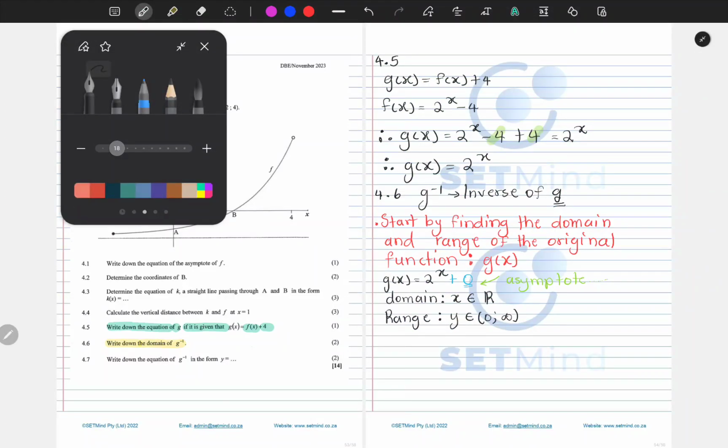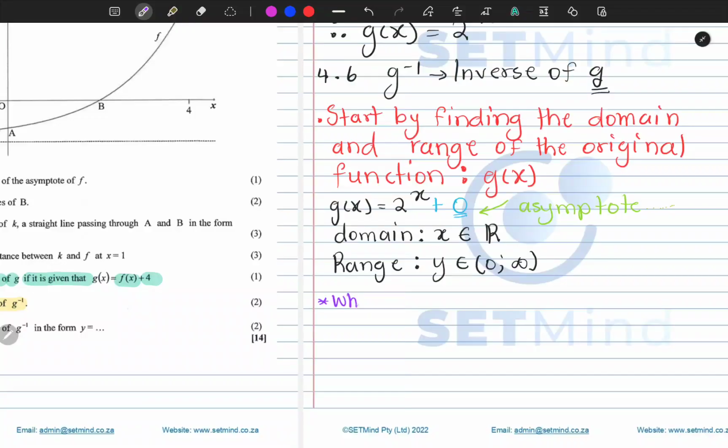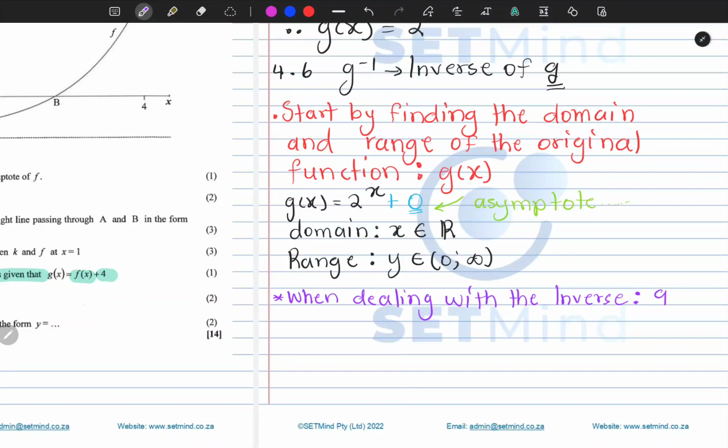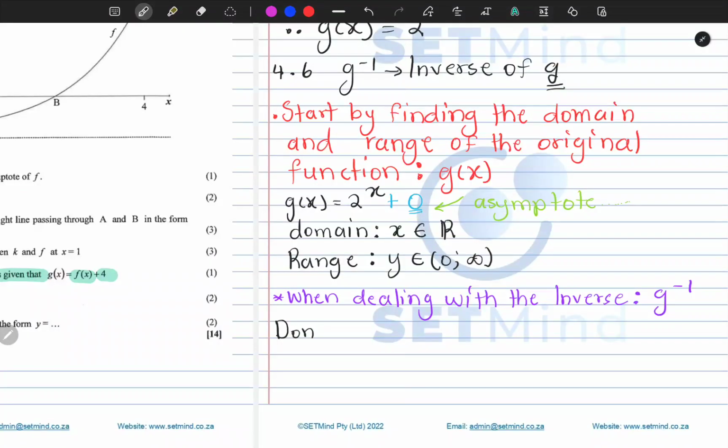Okay, so let me make a note of that, and then we conclude this. So when dealing with the inverse, which is usually denoted by g negative 1, it can be f negative 1, what happens is the domain of the inverse is actually the range of the original function.